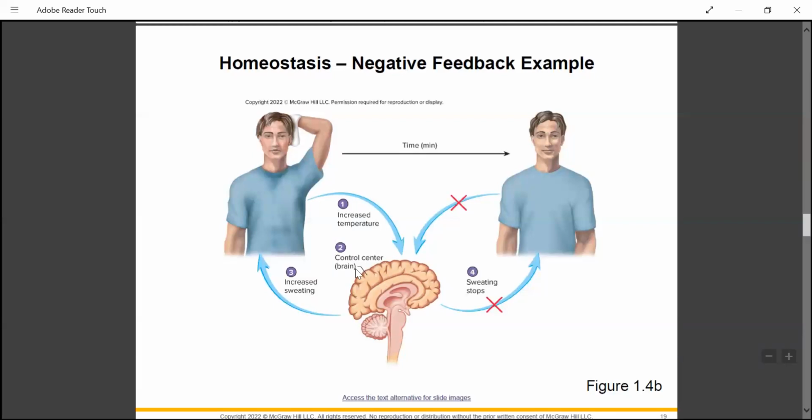The brain says, okay, that's above our set point, so let's sweat so we can bring the temperature back down. Once it gets back to the set point, that signal to keep sweating and cool down stops. So that's negative feedback. Temperature was going up, so we sweat to bring it back down.